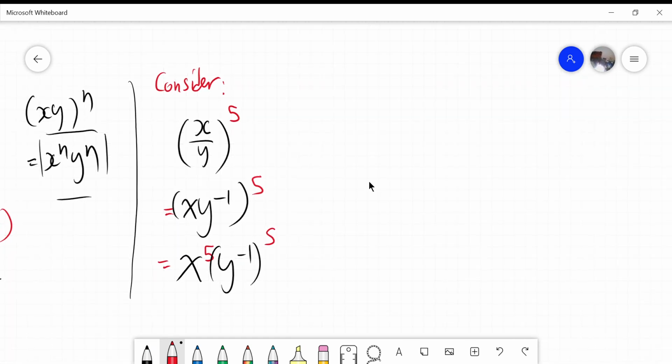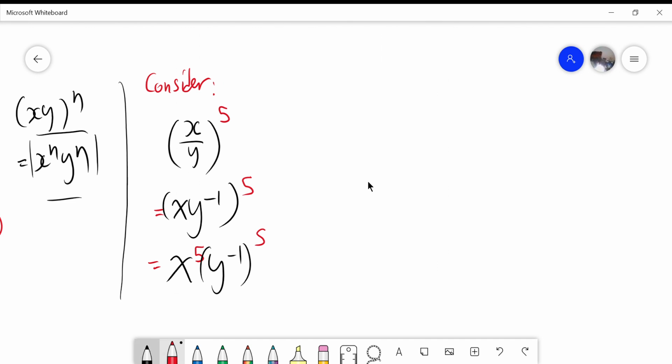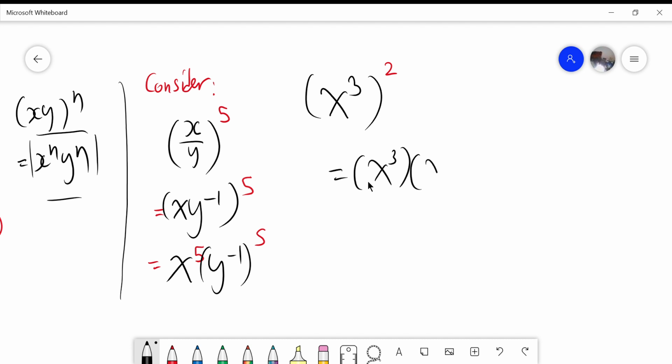So say we have something like x cubed raised to the 2. How will we simplify it? Well, let's think about this. Let's expand out the x cubed, and we're multiplying it by itself.